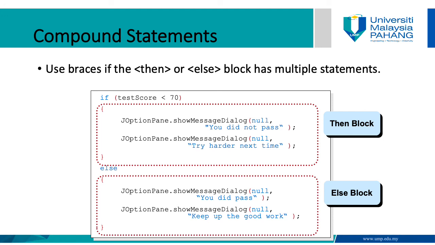And then braces are not necessary. Braces here means the curly brackets. Curly brackets are not necessary if the then or else block contains only one statement. So here you must have two sets of curly brackets.